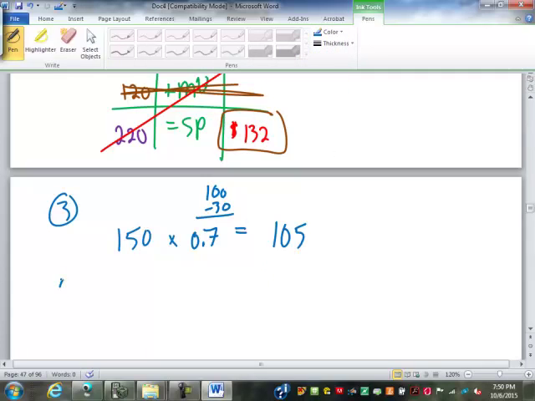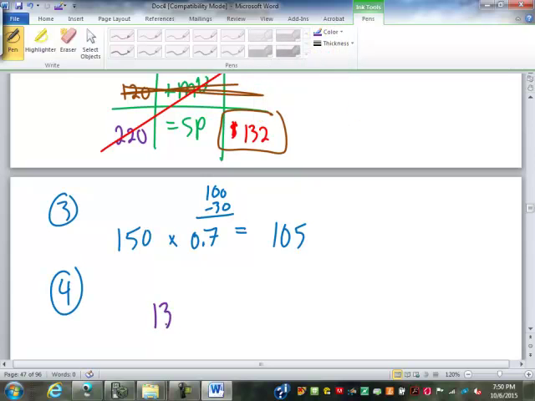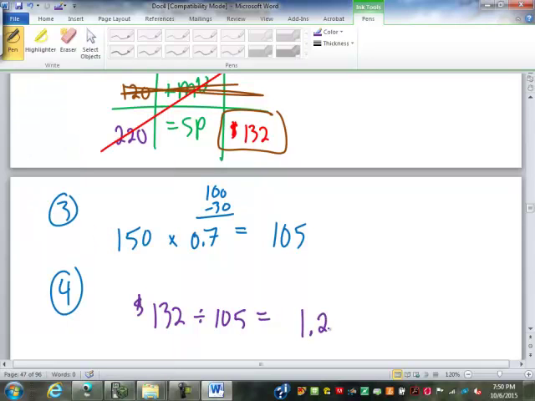So finally, step 4 is to get that individual selling price: $132, divide by the 105 that sell. $1.26. Okay, anybody have questions on where it came from?